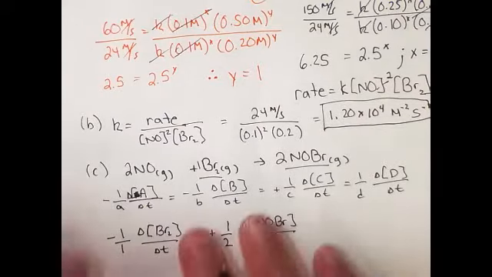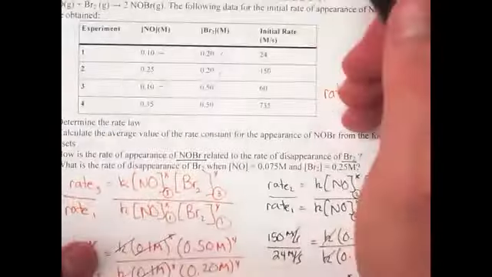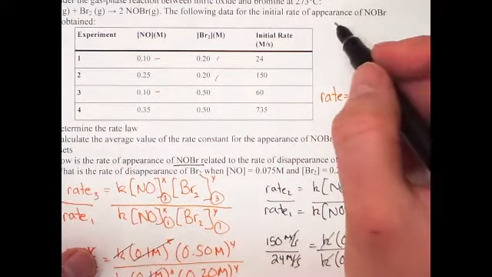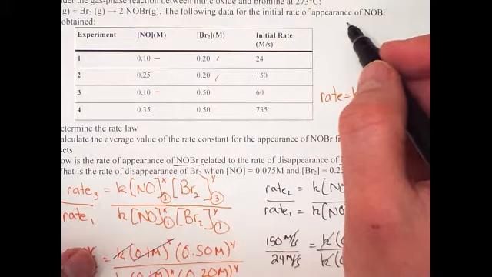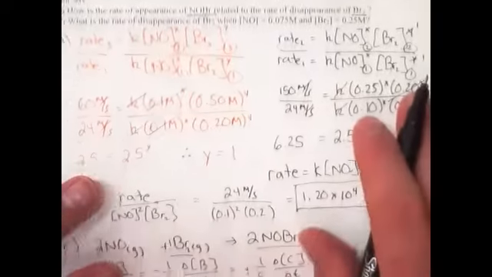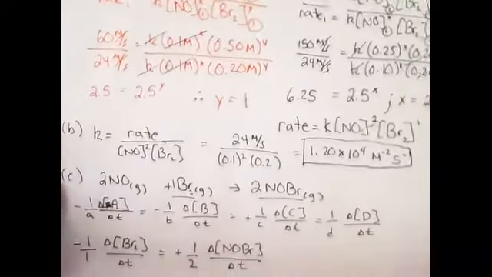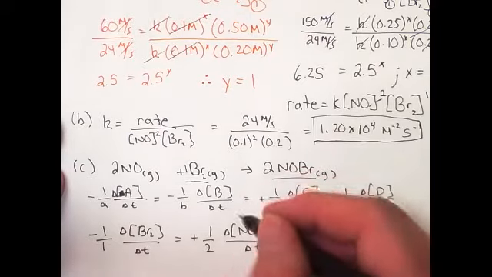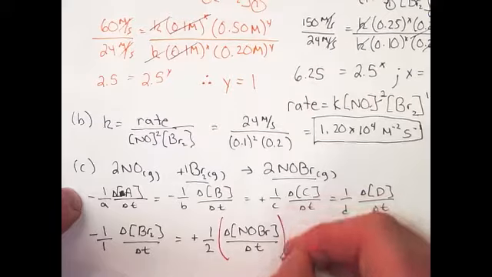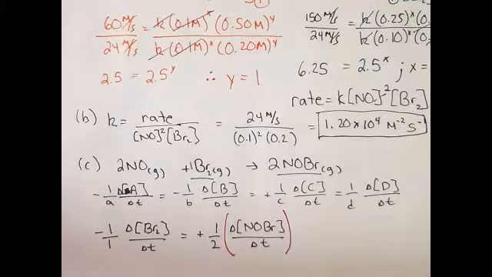Now, we've got to go back up and look at this equation. It says the following data is the initial rate of appearance of NOBr. So basically everything that we are doing is this part. Those rates are just the part inside those red brackets or parentheses.